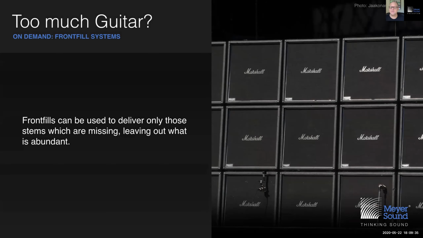That being said, it could also be that there is too much of a particular part of the mix. For those that do rock concerts and such, typically the only thing that's not missing in the first couple of rows might be guitar, electric guitar in such a scenario. So those same Frontfill loudspeakers can also be used to deliver a stem or several stems or several mix elements without adding more of the elements of which there's already abundance in those first couple of rows.